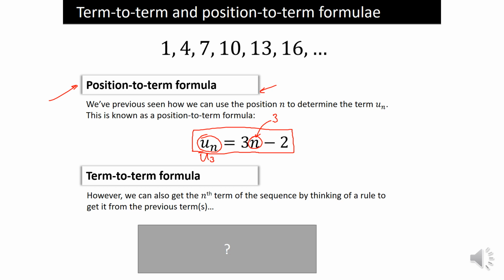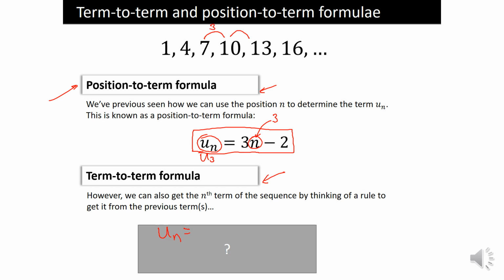What we've not looked at yet is the term to term formula, which tells us how to get to a term from the previous term. The way we would write that is un equals, the nth term of this. Let's say we're going from the third term to the fourth term, what do we need to do? From the fourth term to the fifth term, what do we need to do?